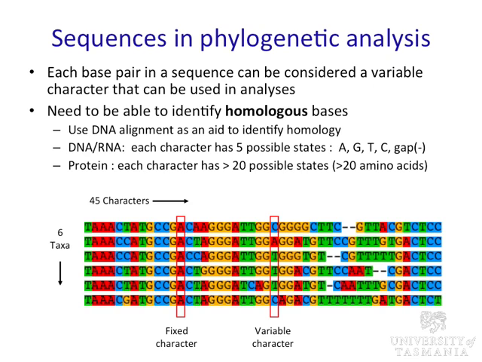There are more than 20 possible states here. So there's considerably more capacity for information in protein sequence because, instead of 4, you've got 20 different options at every point. And that also creates some difficulty when we come to aligning and comparing protein sequences, because they're naturally more variable.